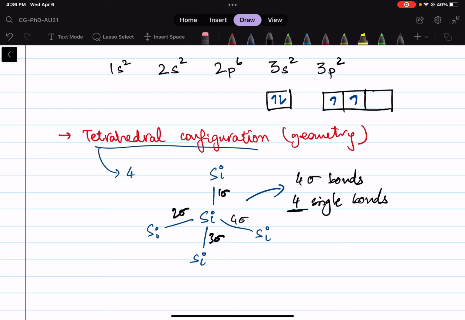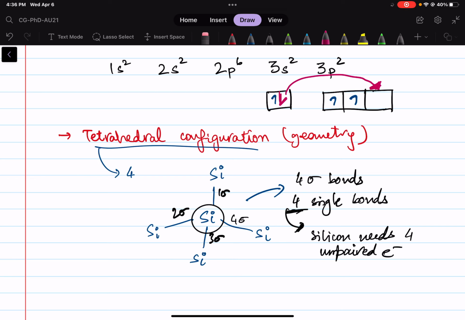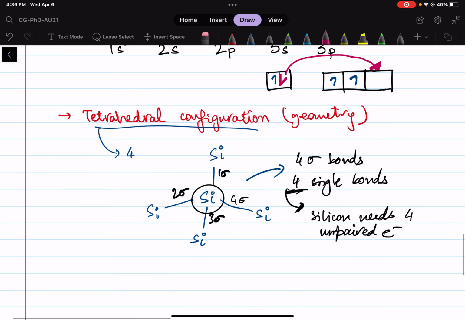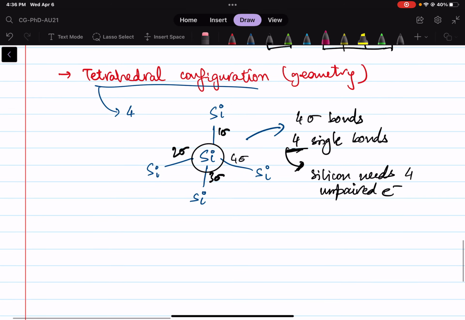Now to form 4 single bonds, the central silicon needs 4 unpaired electrons, because paired electrons cannot combine with other electrons, so you need unpaired electrons to form these bonds. So just like carbon, what will happen here is that this 3s2 electron will jump to 3p orbital and will form sp3 hybridized orbitals.